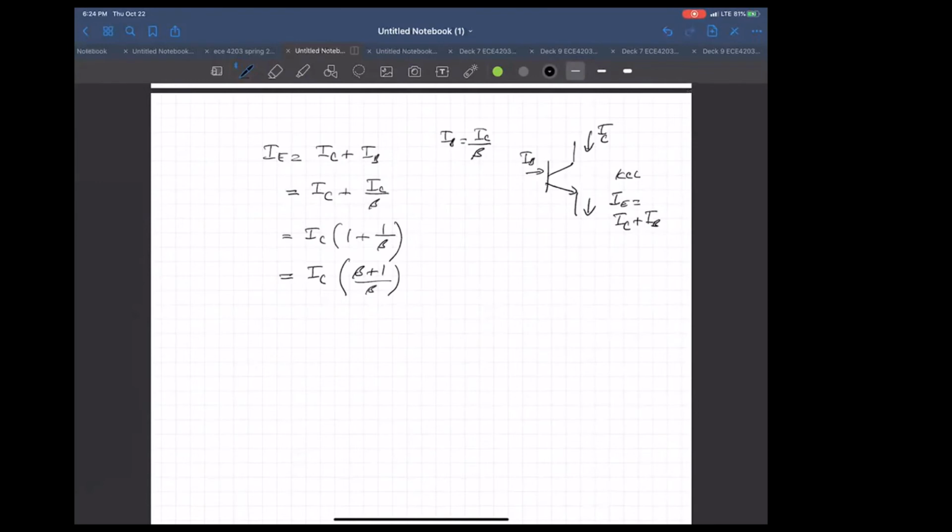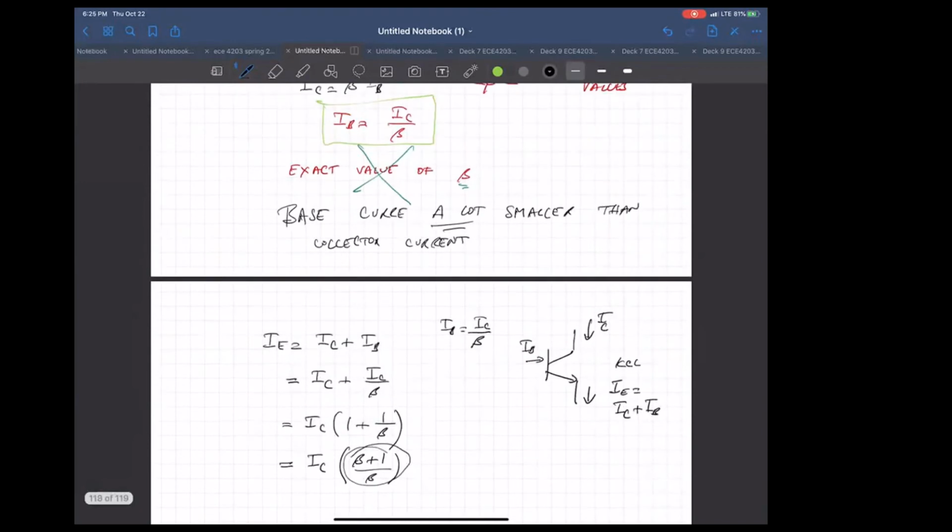There's another thing called alpha. I didn't want to trouble you guys with that, but it's just taking this value and calling it alpha. But look at this thing. Up here we said that the base current is a lot smaller than the collector current.